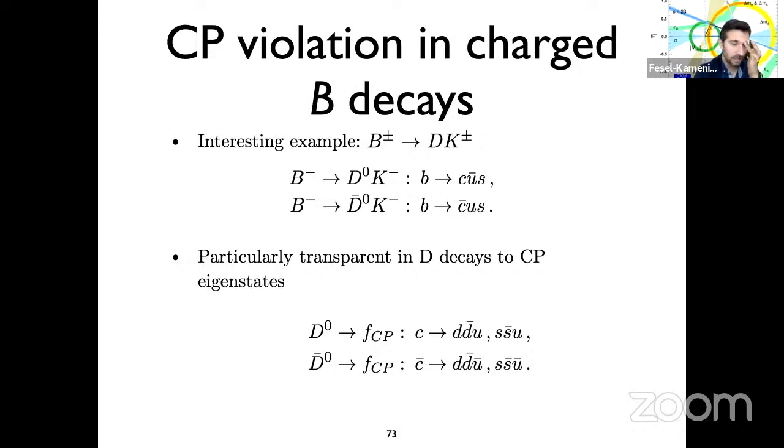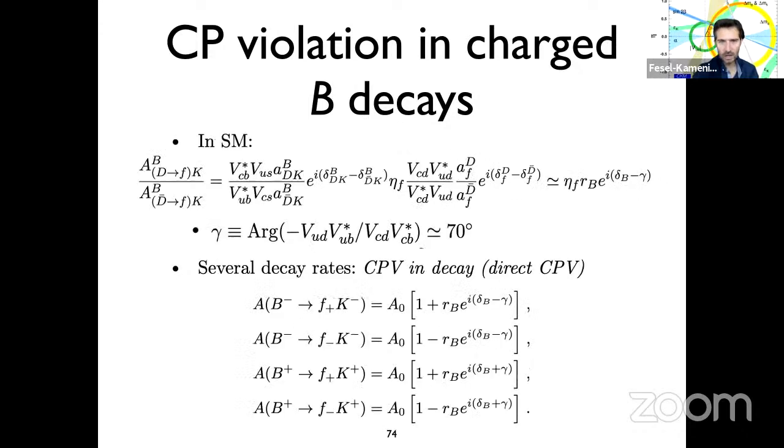And what is interesting here is that since B decays don't oscillate, this allows one to probe CP violation in decays, but also that one can determine these CP-violating phases using rate measurements only. There are no CP asymmetries involved. So a very brief discussion of this is the following.